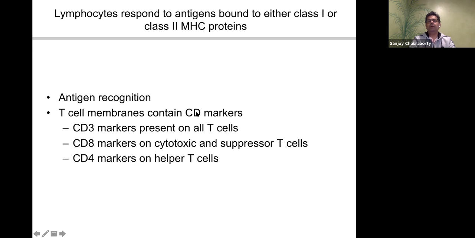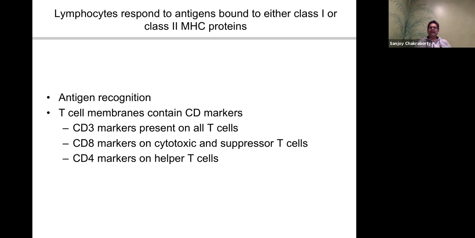We call them CD markers. CD is short for cluster of differentiation molecules. We name them 3, 4, 5, 6, and so on. There are many CD markers to discover, but you just have to remember 2 CD markers, not even 3: CD8 and CD4.